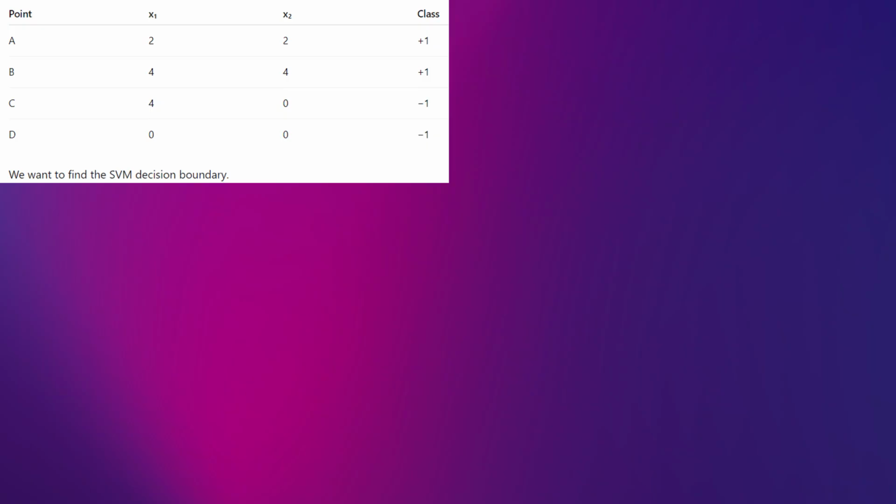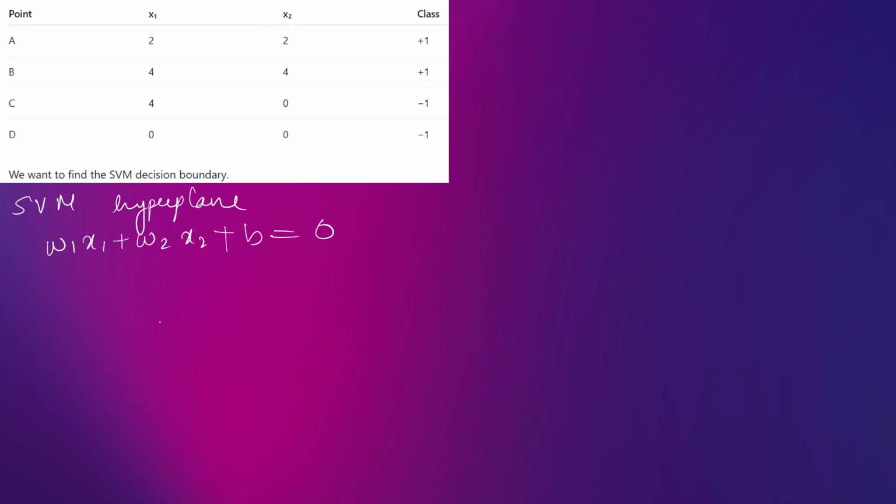Here we have to find the SVM decision boundary. First step, we need to find the hyperplane equation. This will be W1 x1 plus W2 x2 plus B bias is equal to 0. Here we have two features, x1, x2.